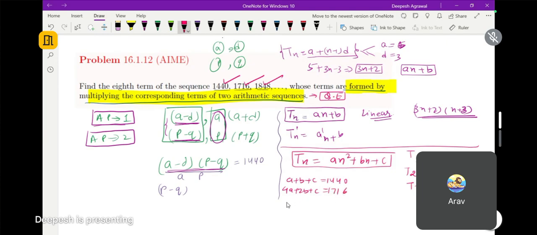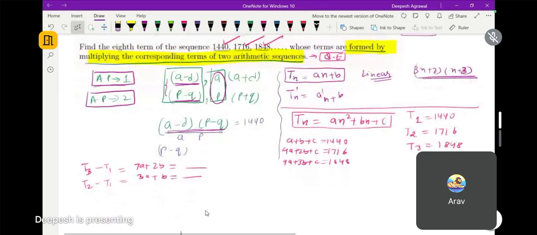Then 9a plus 3b plus c equal to 1848. Very easily, you can write t3 minus t1, so we get 8a plus 2b, a linear equation. Writing t2 minus t1, you'll get 3a plus b, a linear equation. Solving these linear equations, you can easily get the values of a and b.